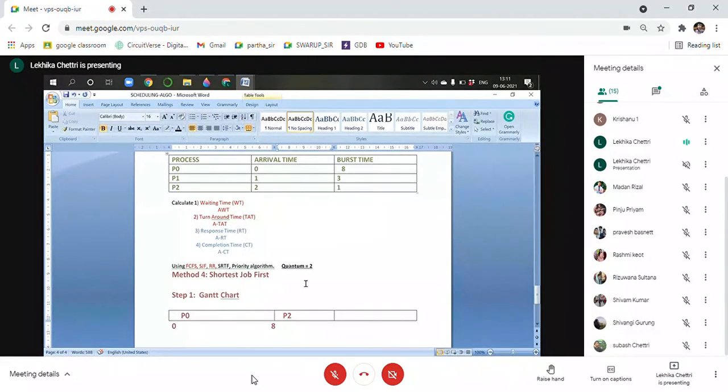How long now? It does not perform preemption. It is the non-preemptive type. Once P2 enters the CPU, it will hold the CPU as long as it needs to complete its task. P2 needs 1 unit of time, so it will be 9. Is it clear?